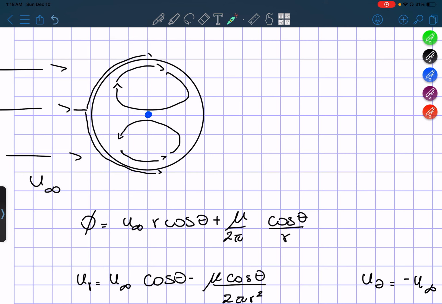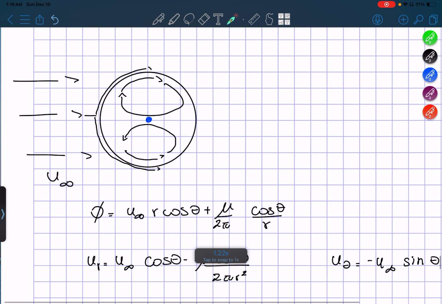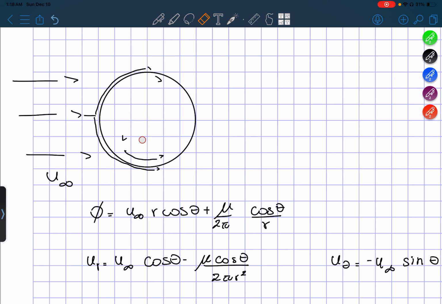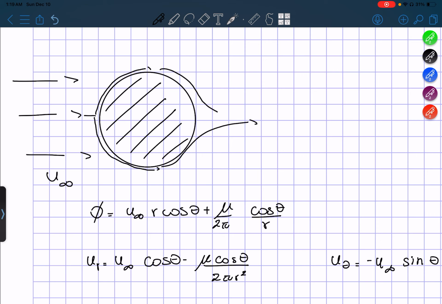So we have an object in our flow. This makes plotting the reaction of how a fluid will act around an object very easy. So it will be something like this, of course. There we go.